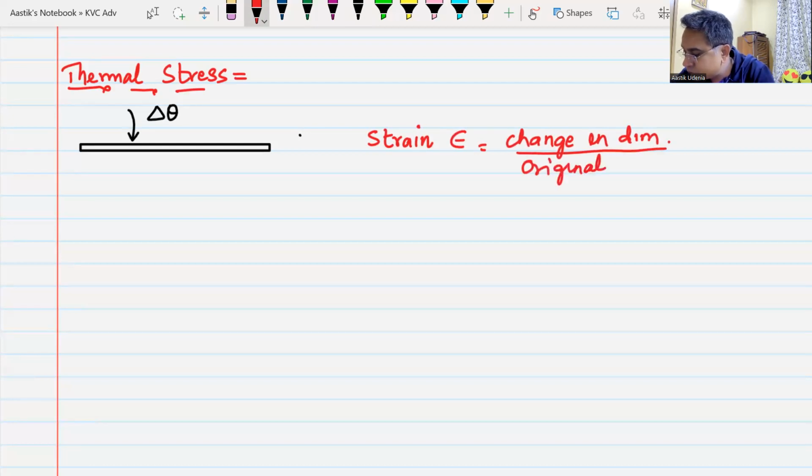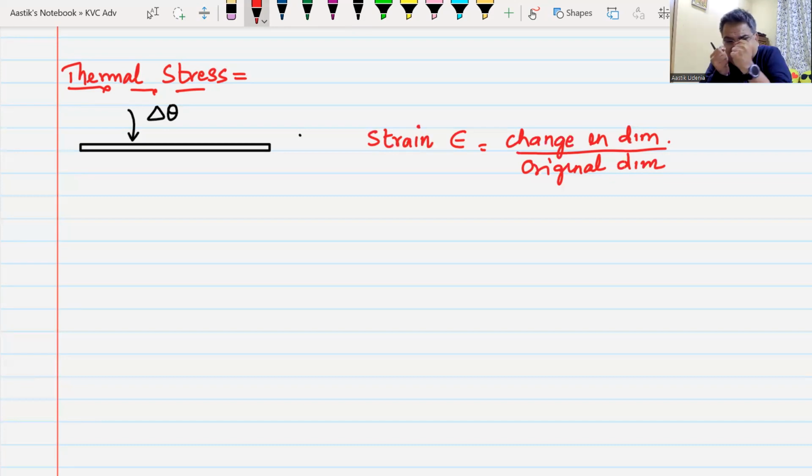So, if a body changes its length, it will be strained because of the change in length. So, change in length divided by the original length will be the strain developed. Do we understand this? Yes, sir.